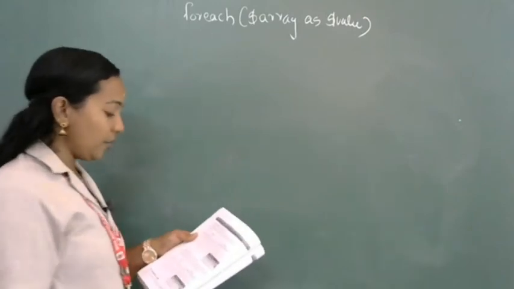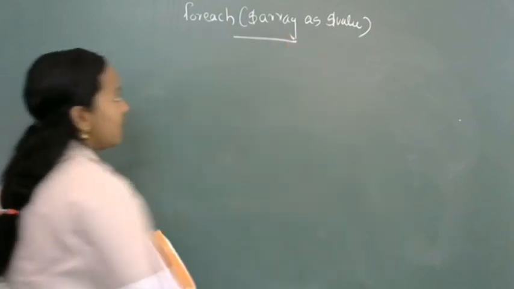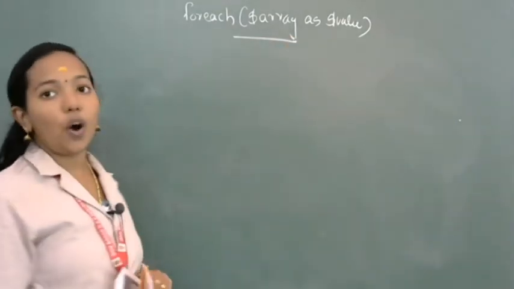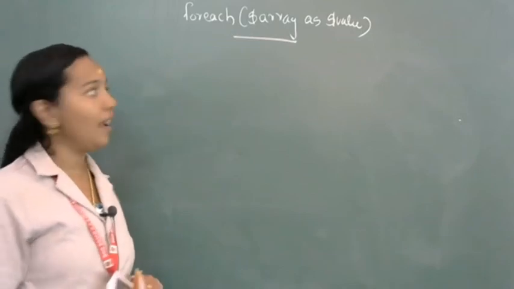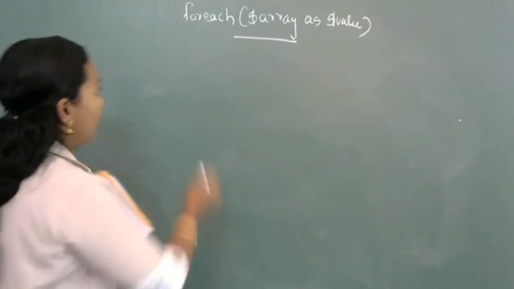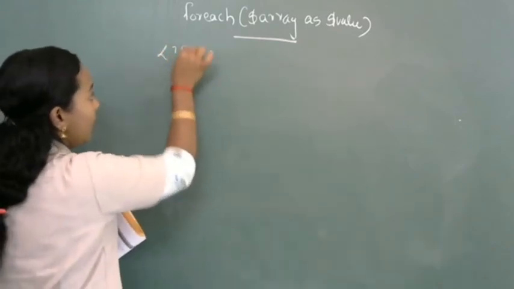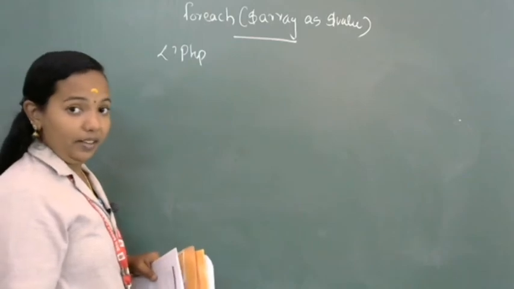So I am going to write a PHP program that uses this syntax, foreach dollar array as dollar value. That means we are specifying array name and also value. For example, we already wrote that colors array as an indexed array.